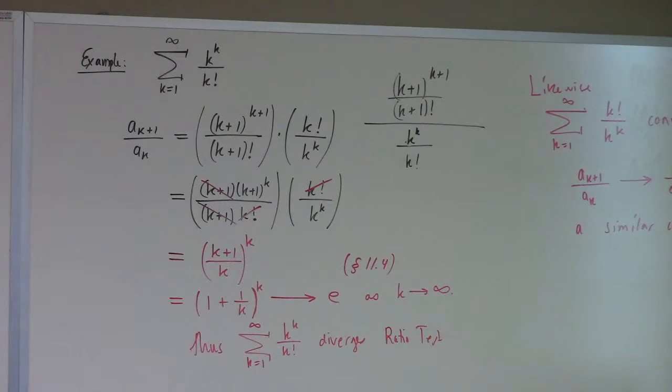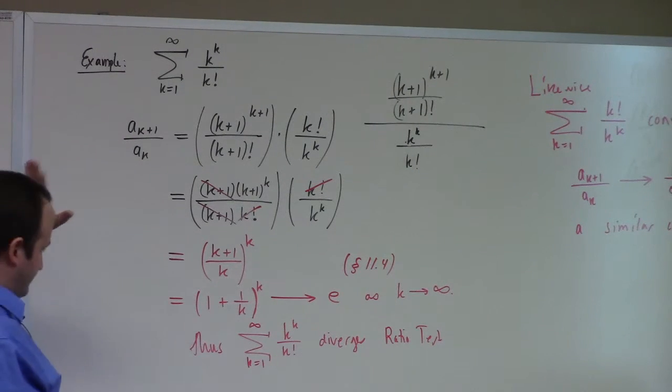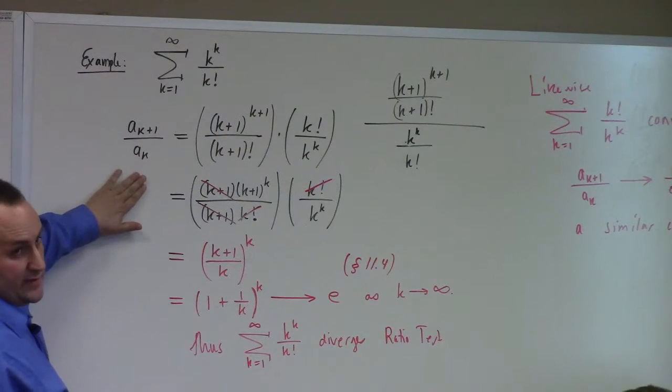But I will say this, in thinking about which tests to use, if I see a factorial, I immediately, personally, gravitate towards the ratio test. In fact, the ratio test is a very powerful test. It's even more important in sections 8.6 through 8.9. But all right, focus. So ratio test is the way to go if you've got a factorial.